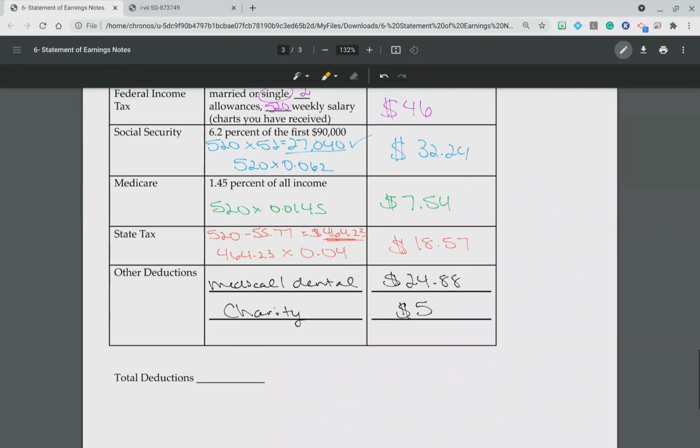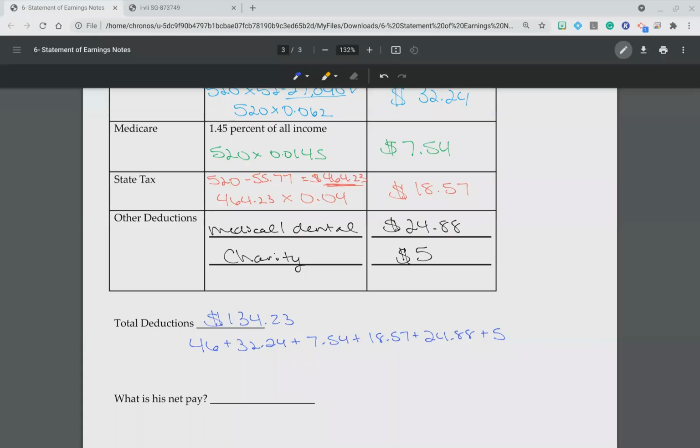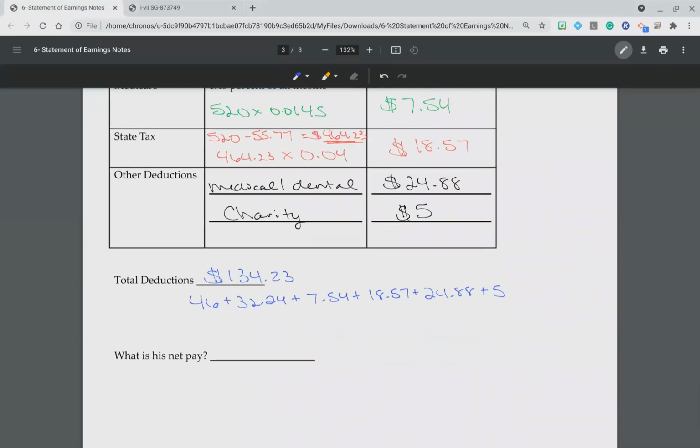All right, so I would like you to take that and go ahead and find the total deductions. All right, so when I add all of those together, I got the total deductions to be $134.23.